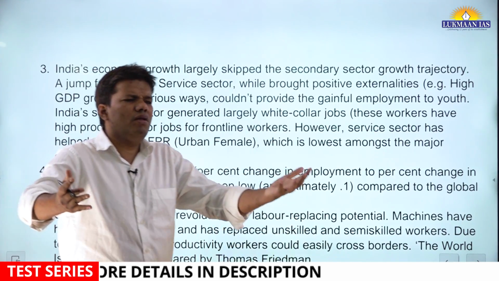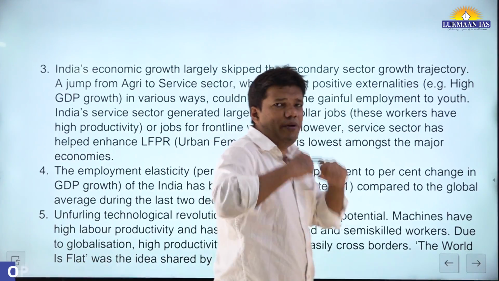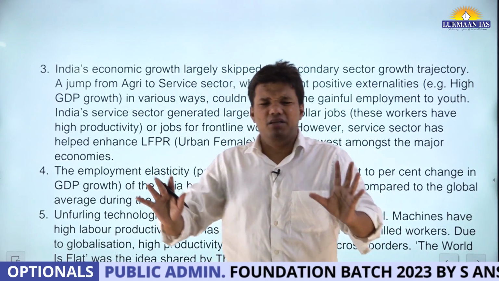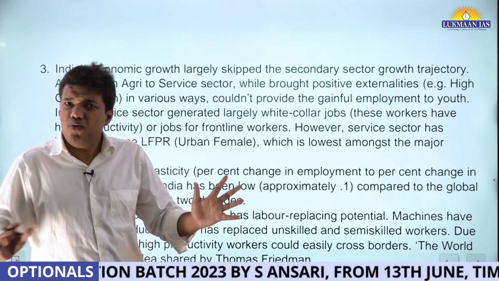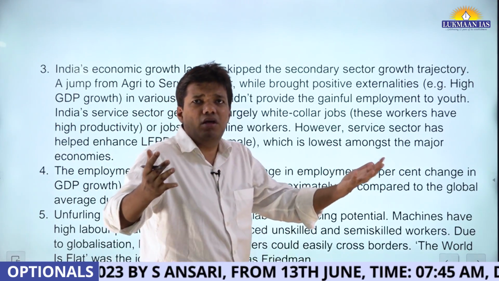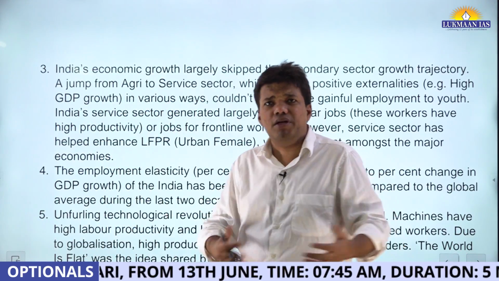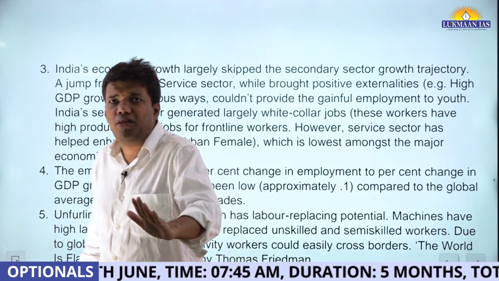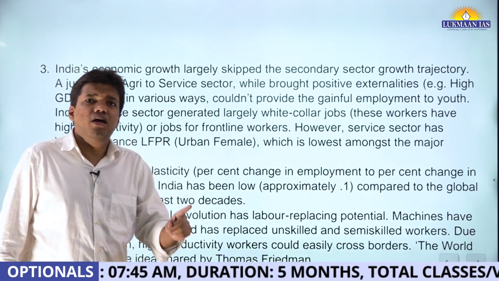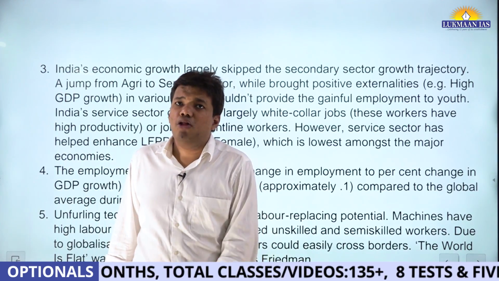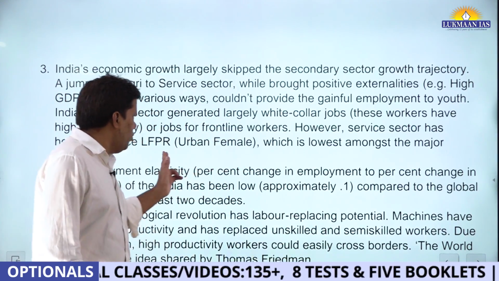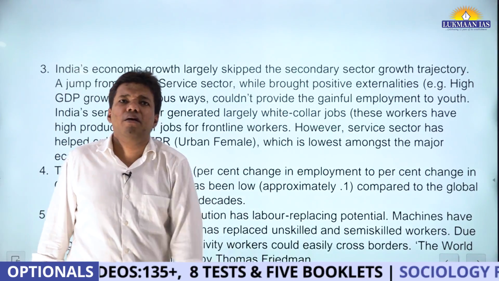Let's say some restaurant is open, so maybe a woman can get some job there, right? Maybe a shopping mall is there, right? So you observe this, you can corroborate with the data. So that's why in service sector, labor force participation of urban women is rising, although when you compare to the world data, it is lowest among the major economies.